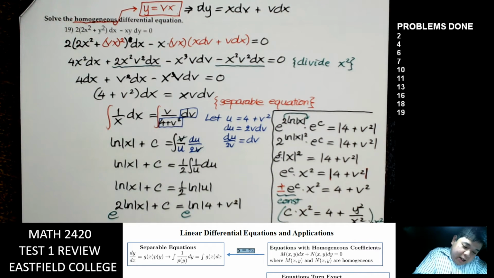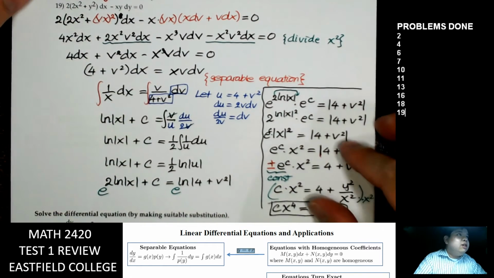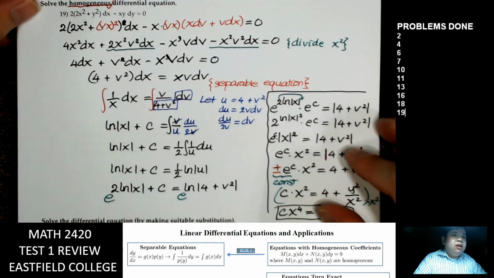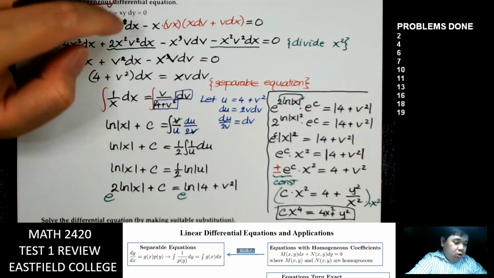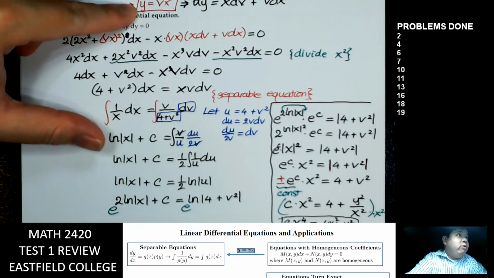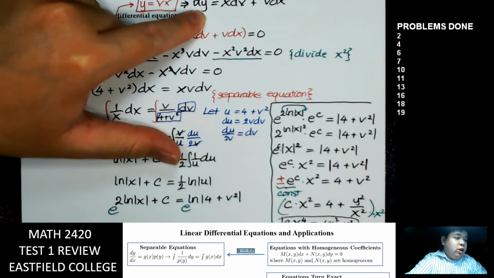Yeah, and we can leave the answer like that. So yeah, a little bit long, but the concept is not too much. Y equal to vx, and then solve for dy.